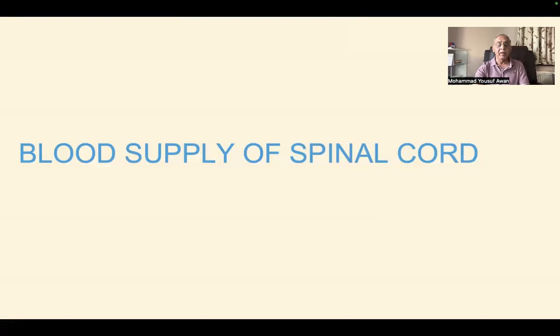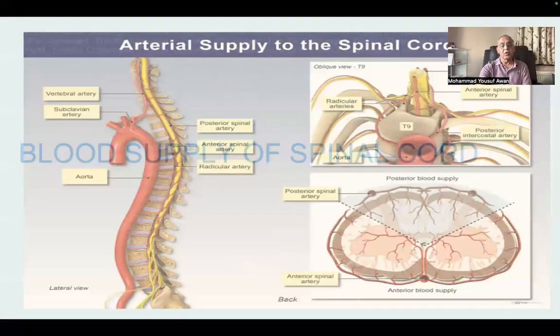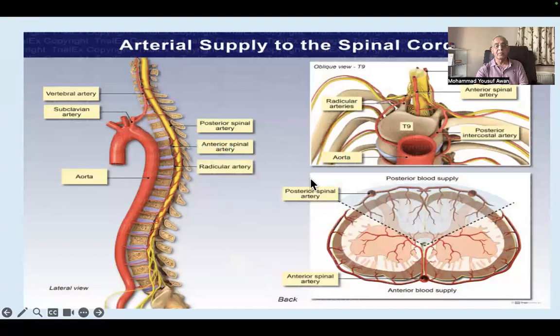Now coming to the blood supply of the spinal cord, which I've included with this lecture because it is really important. The spinal cord is supplied by one anterior spinal artery and two posterior spinal arteries. Both of these are branches of the aorta.